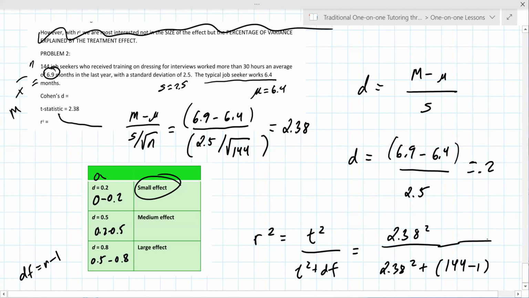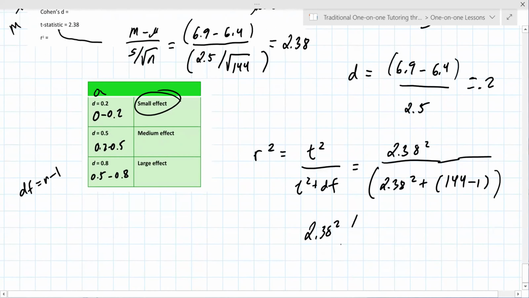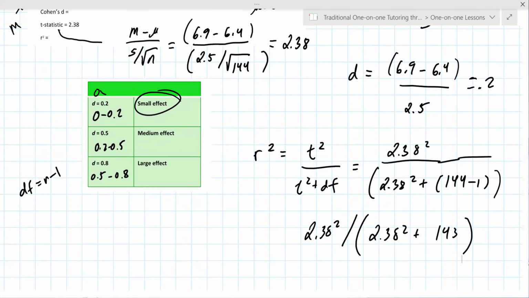This all has to be in parentheses. Whenever you're dividing, when you go to your calculators, 2.38 squared slash parentheses 2.38 squared plus 143. It's probably how I would enter it. It should be pretty small. Oh yeah, it's 0.038. Yeah, very, very, very small.